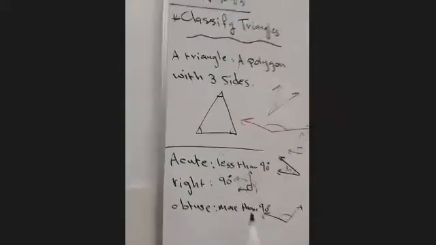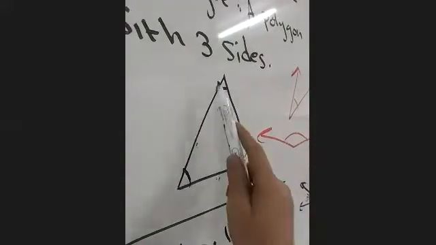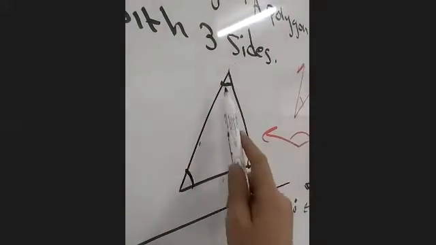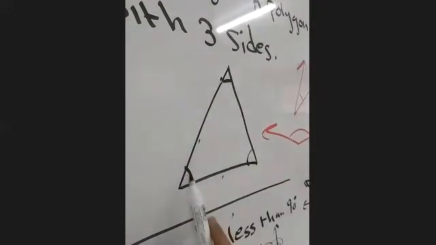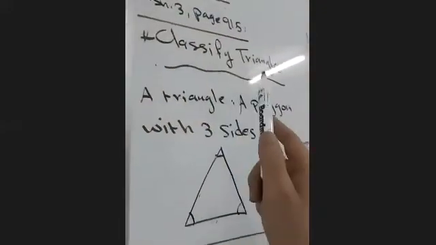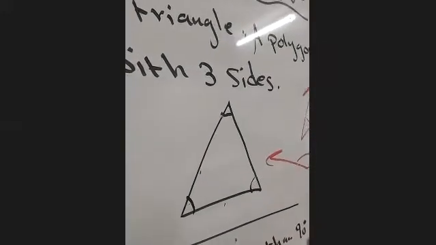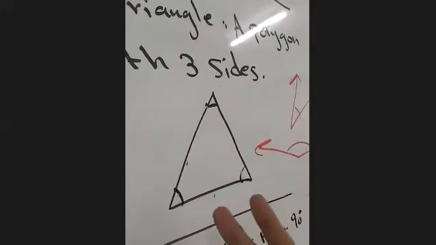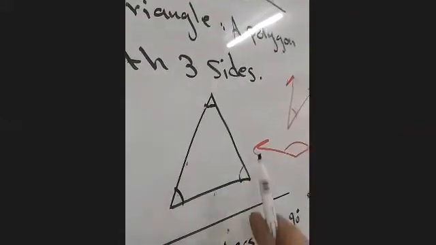Now, the triangle, if you see this triangle, has 3 sides and 3 angles. To classify a triangle, we will classify it depending on 2 types of classification. The first one, depending on its sides.